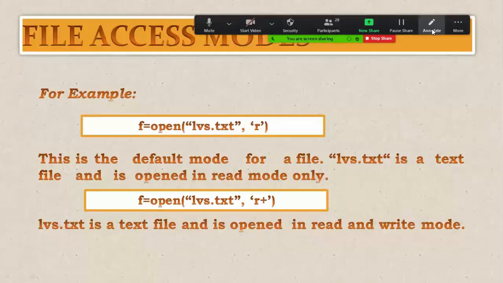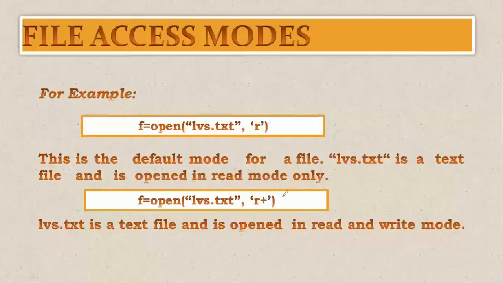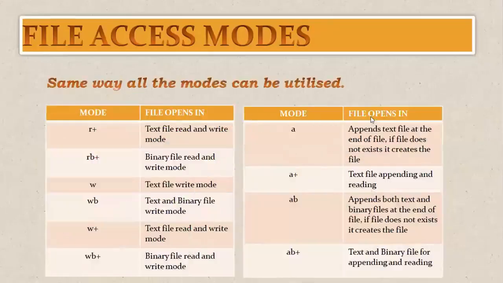But if you would like to open the file in both read and write mode, then you can write R plus mode. We have already seen all these in our previous class. Some of these were the modes that we have utilized.